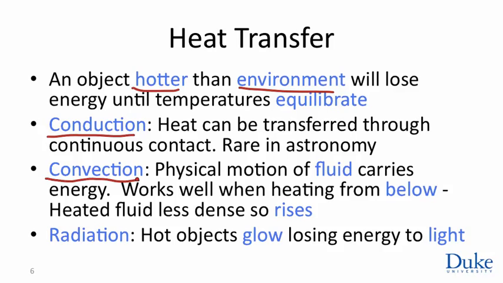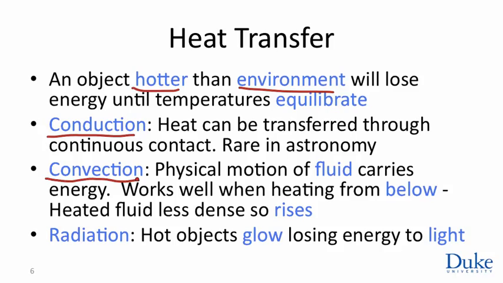This works very well if you have a volume of fluid that is heated from below. That happens when you boil water on your stove. It also happens in stars, say, where a hot core is heating the atmosphere from the inside. What happens is that at the bottom of the pot or the bottom of the atmosphere, the fluid is heated. The heated fluid expands.